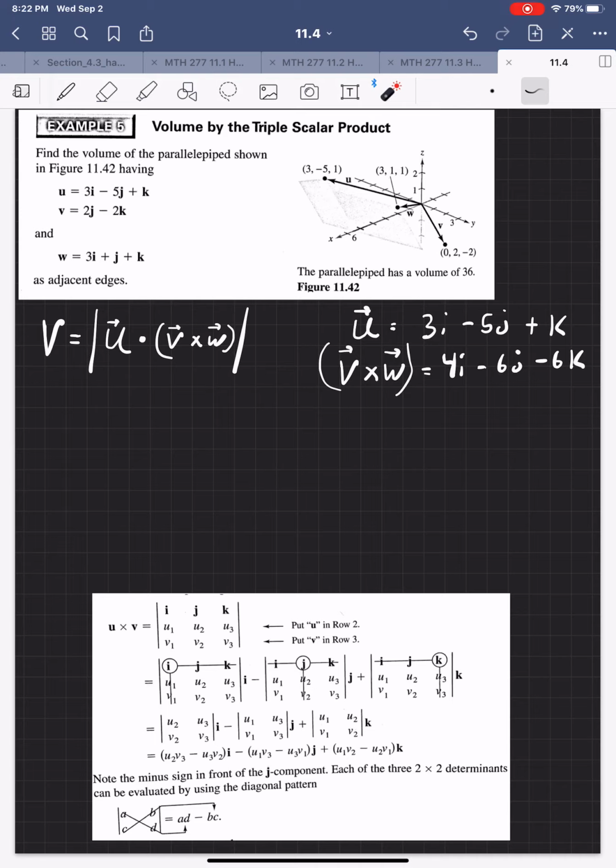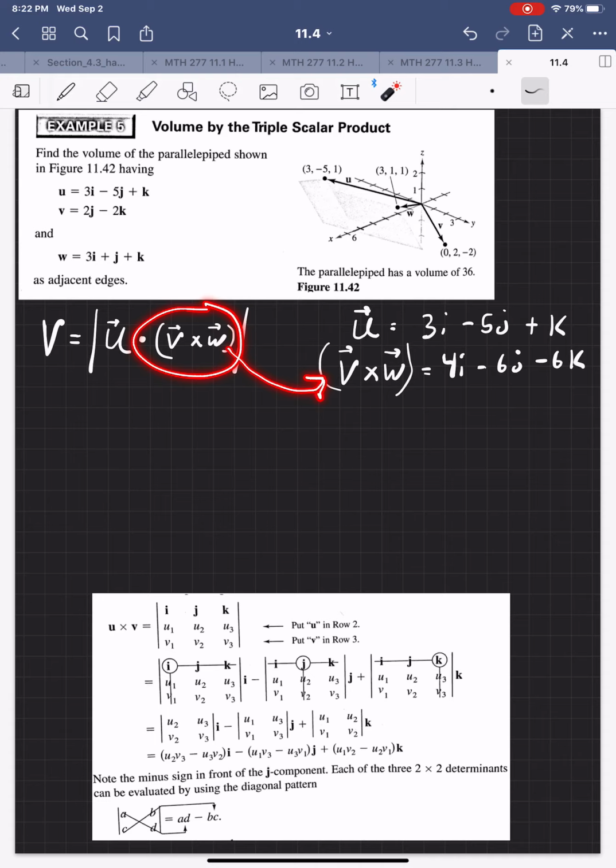We'll move quickly. You're given, it says find the volume of the parallelepiped. And you can't see it very well, but it's here. They give you vector u, vector v, vector w. We're just going to simply apply the formula. Now, what I've already done is I've already taken the liberty of finding the cross product.